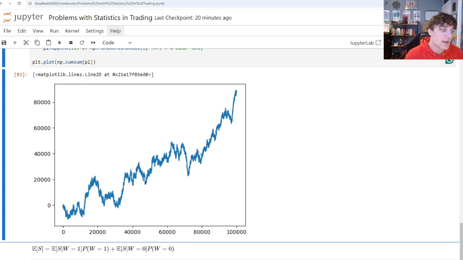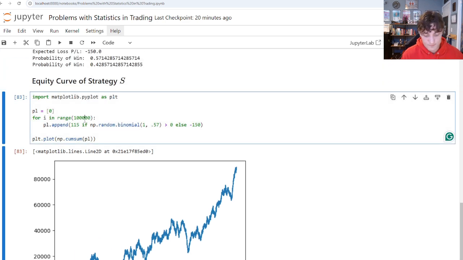Even though it's stochastic, we have this edge. We're going to have losses. We may have big losses. We're going to have wins. We may have big wins. Over time, everything's going to average out such that we will generate money over time. We will be profitable in the long run. You just have to survive the short run.